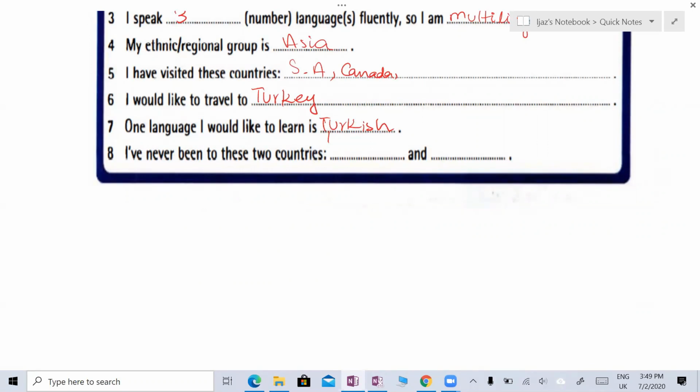I'm not very good at Arabic, but I can communicate very well. Okay. The next thing is, I have never been to these 2 countries. You can write the names of the 2 countries here, the countries which you have never visited or you haven't been to. You can give any 2 examples. USA, UK, okay, India, Afghanistan, okay.